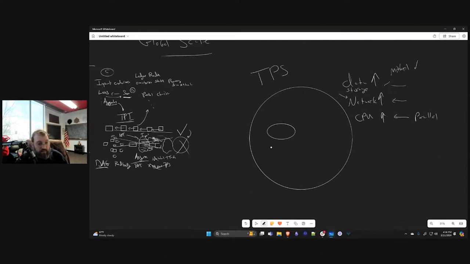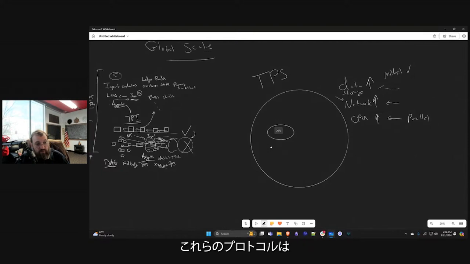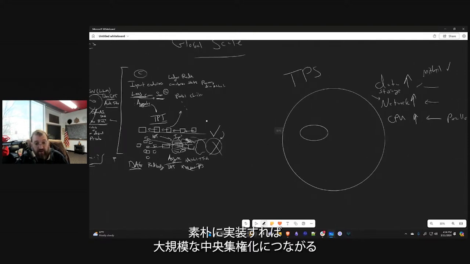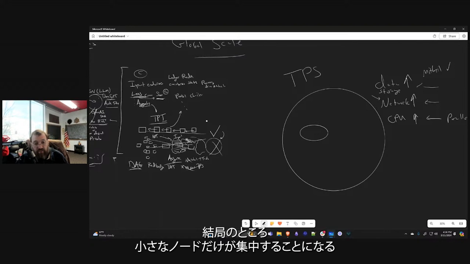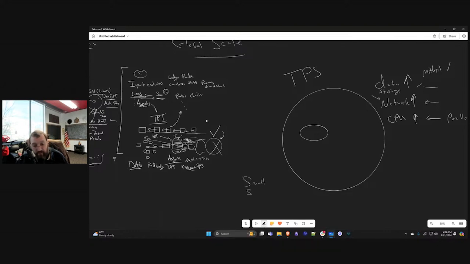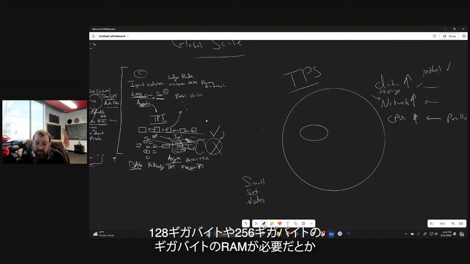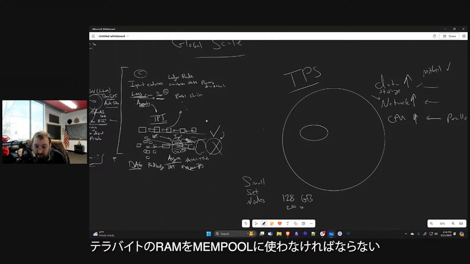So these protocols, if you implement them naively, what they do is they lead to mass centralization, because what ends up happening is only a small set of nodes can actually process the high TPS that you're dealing with. Okay, they have to have things like 128 gigabytes of RAM or 256 gigabytes of RAM or even a terabyte of RAM for the mempool.